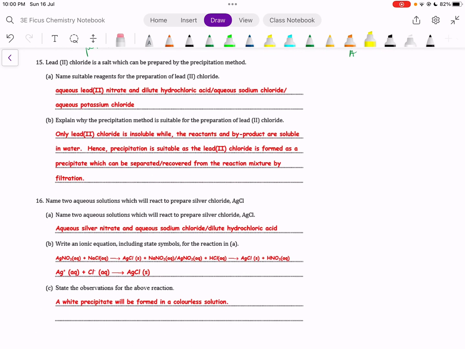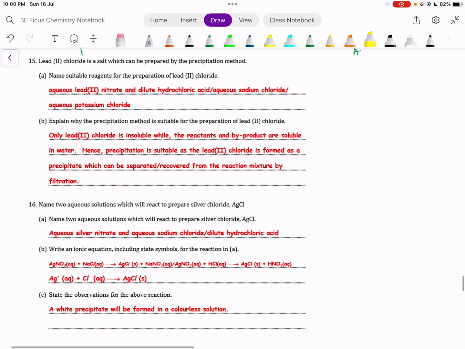Okay, then I have 15, 16. Lead 2 chloride is a salt which can be prepared by the precipitation method. So name the suitable reagents for the preparation of your lead 2 chloride.